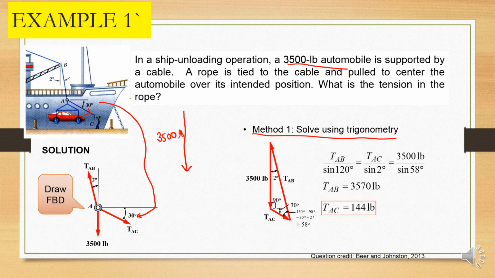And then this car is pulled by another force, by this man, which is downward, called the tension at TAC. So it is being pulled downward by TAC with the angle equal to 30 degrees.